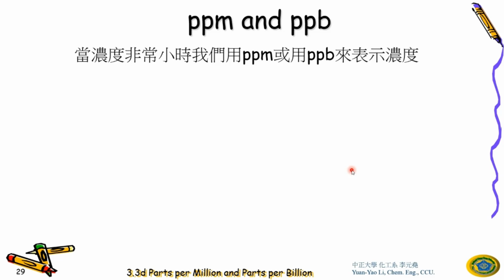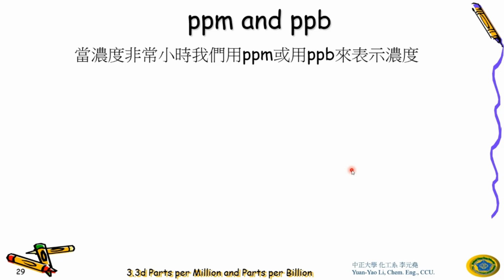So why do we need to use ppm or ppb? This is very similar to scientific notation. When you have a very small number, you can use scientific notation, but then you need to have dimensions, with units. When you want to describe a very small amount without dimension, this is one of the methods to use.